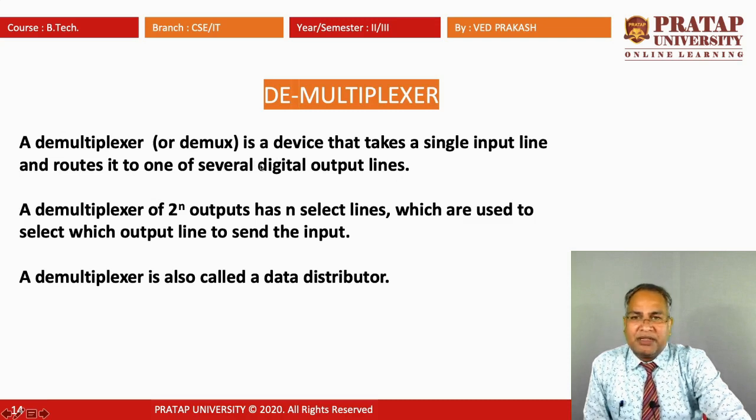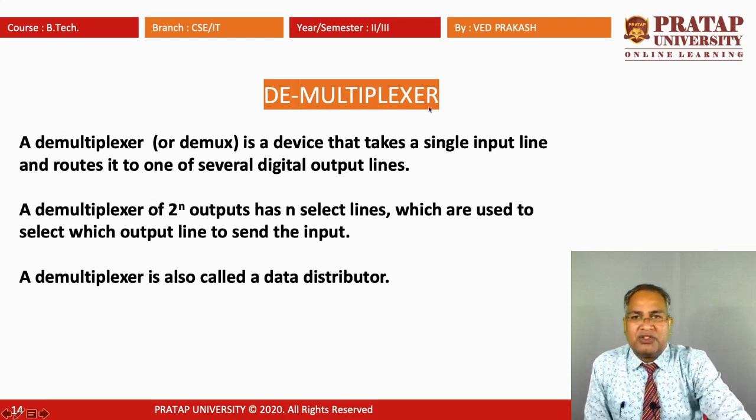So, a demultiplexer is a device that takes a single input line and routes it to one of several digital output lines. A demultiplexer with 2 power n outputs has n selecting lines, which are used to select which output line will receive the input.